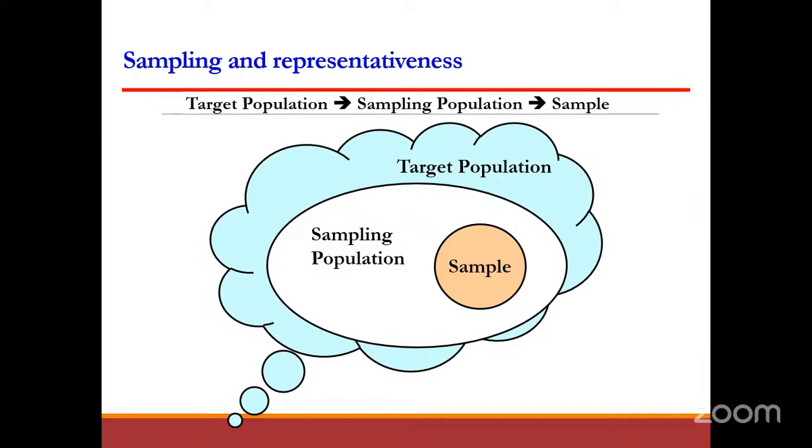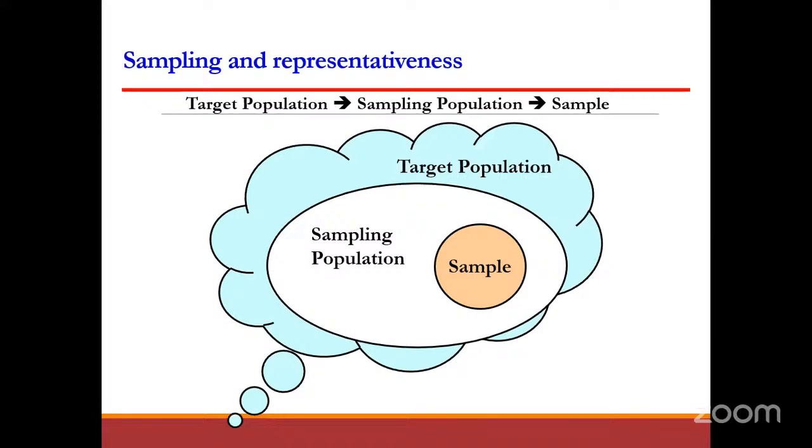For that purpose, the sampling population will be framed based on some specific criteria that I will come to later. There are various kinds of sampling methodologies, and I will tell these things in that situation.